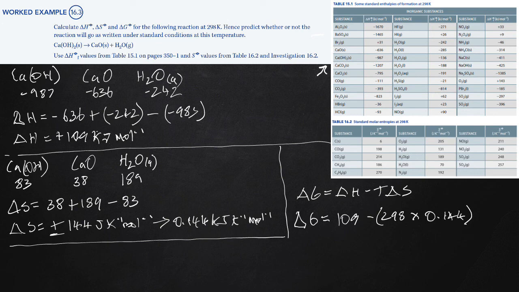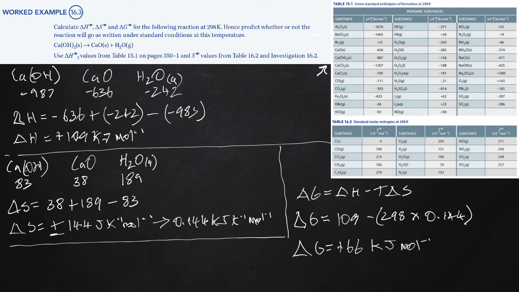Remember, we just changed the units, so everything's standard. 0.144 kilojoules per Kelvin per mole, and we can calculate our delta G. Our change in Gibbs free energy is going to be plus 66 kilojoules per mole.